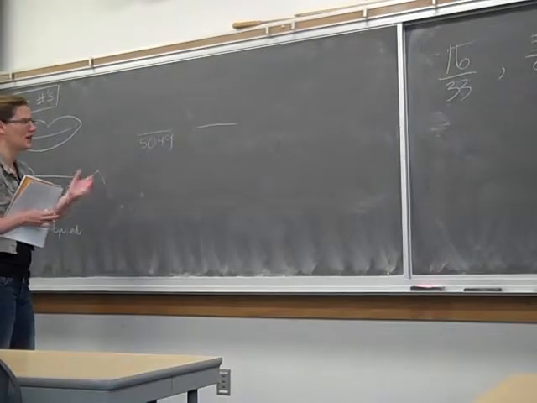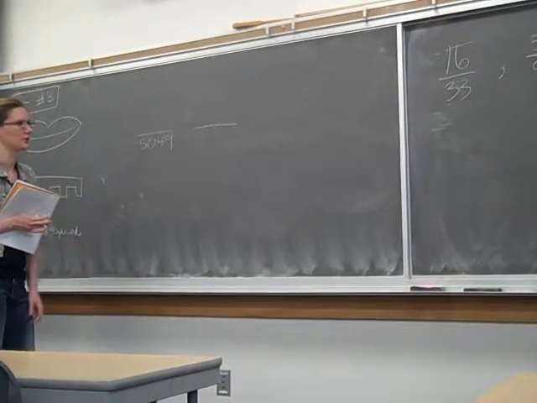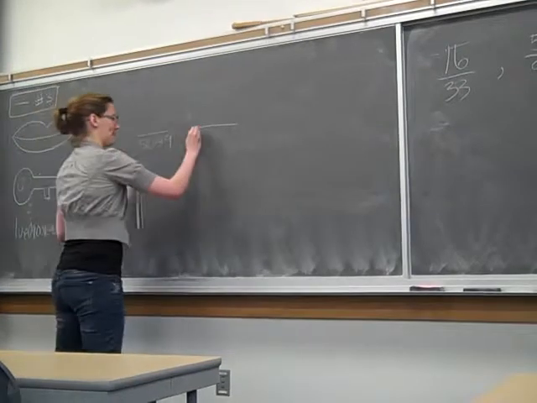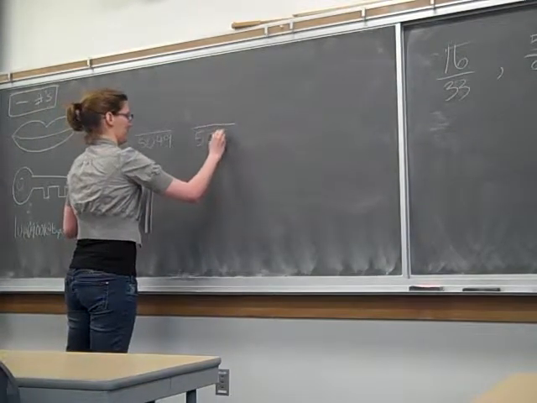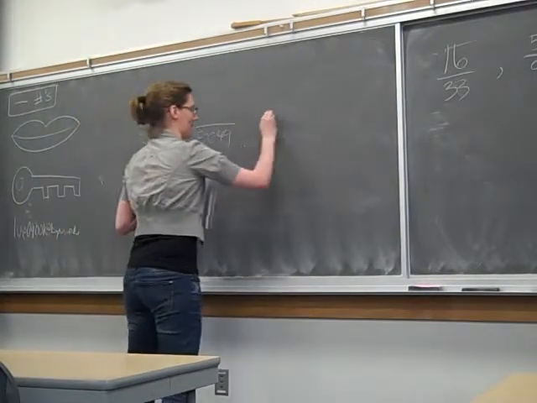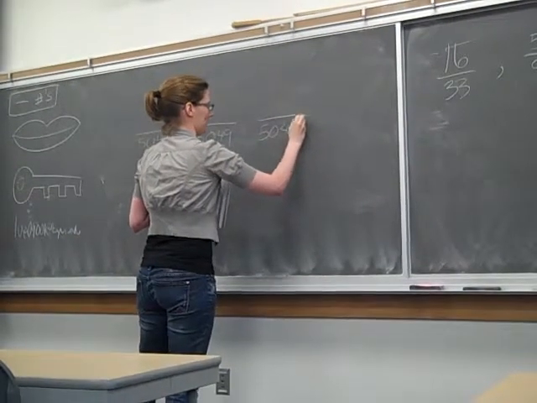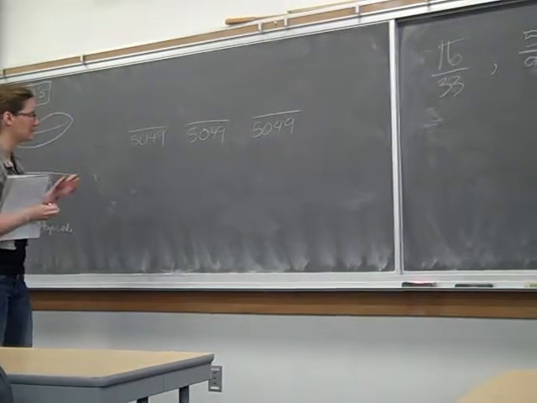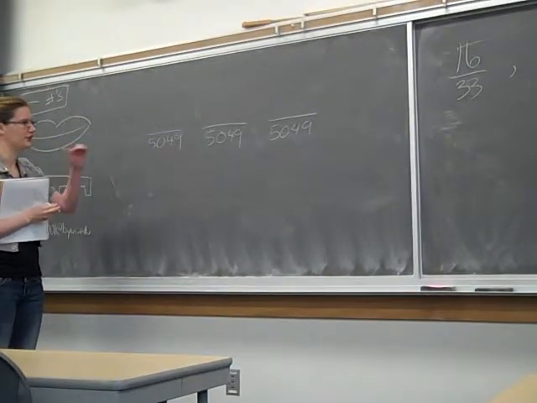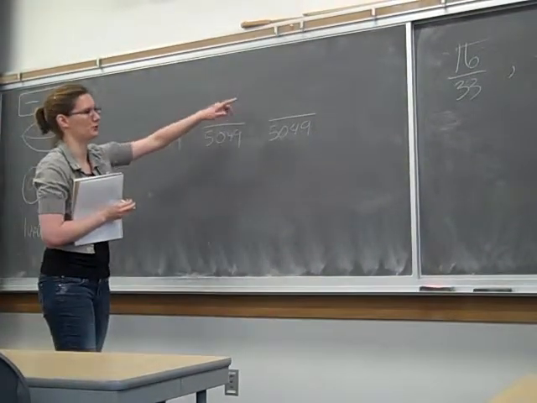To make it quicker, I just times them all together. And so then, once I came up with the common denominator, I had to convert the top part, the numerator.